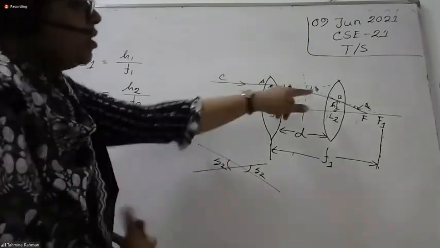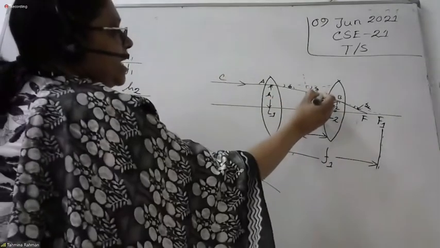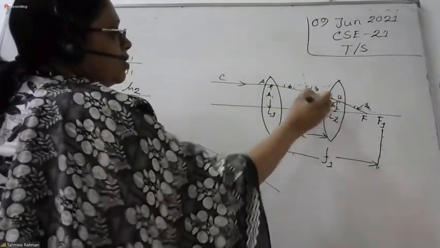So look at here, this one is del 2, so this angle is also del 2. Is that clear?